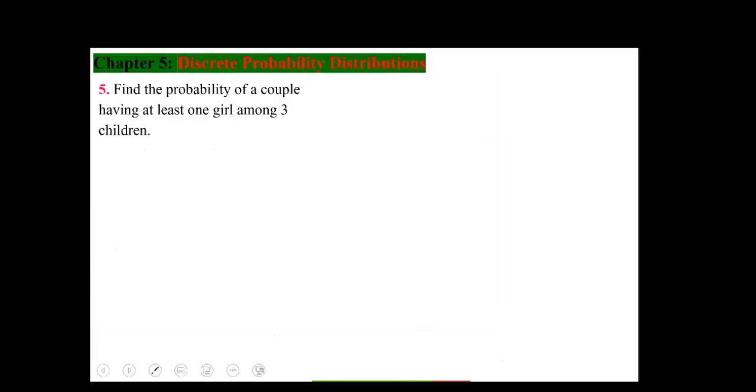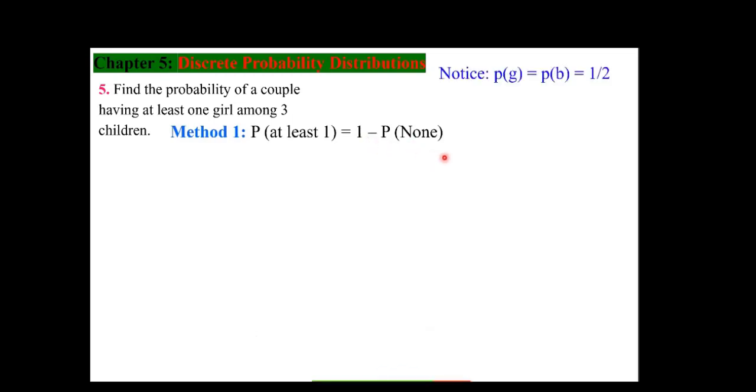Find the probability of a couple having at least 1 girl among 3 children. The assumption in biology is that the probability is the same, 50% or 1/2 for both cases, okay? So we want the probability of at least 1, which is 1 minus the probability of none.